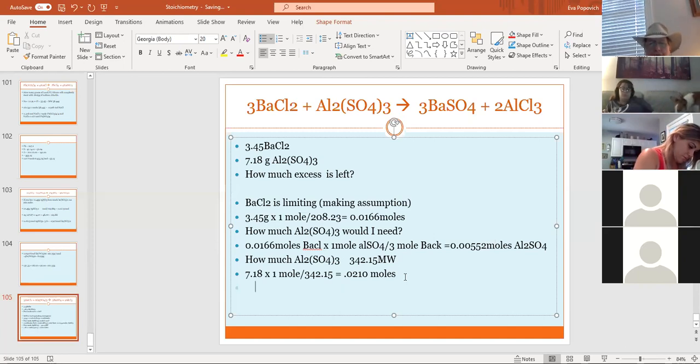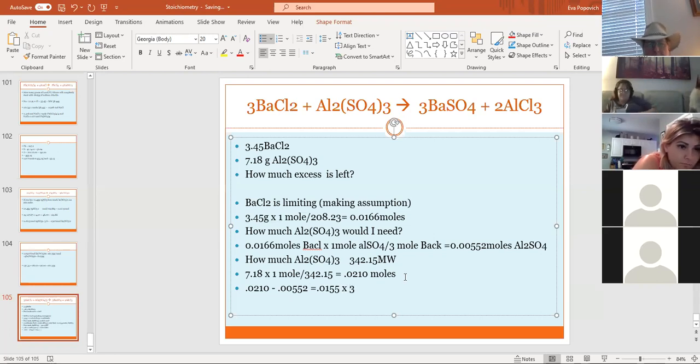So all I have to do is take the amount I have, 0.0210, and subtract 0.00552. This gives me 0.0155.